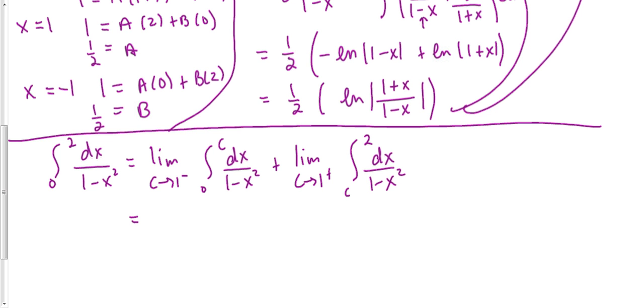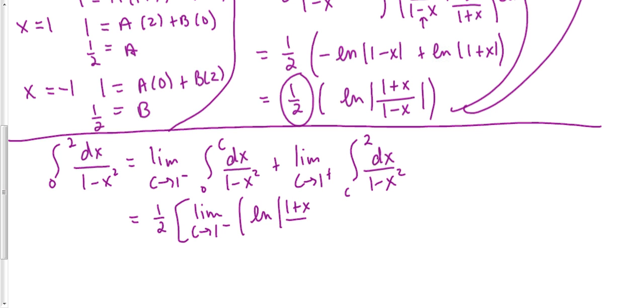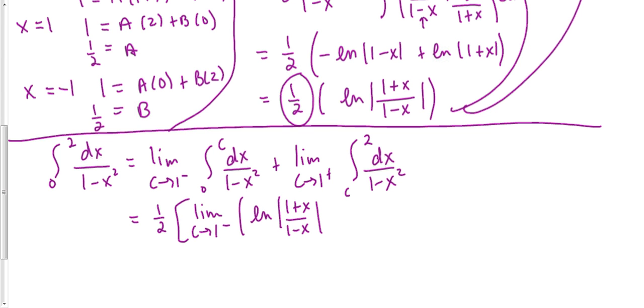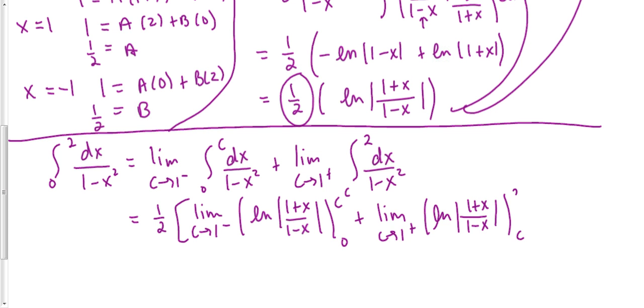And now I have this overall factor of 1/2 that I'm going to pull out. Then I'm going to have my limit as c goes to 1 from the negative side of the natural log of 1 plus x over 1 minus x, evaluated from 0 to c, plus the limit as c goes to 1 from the positive side of the natural log of 1 plus x over 1 minus x, evaluated now from c to 2.